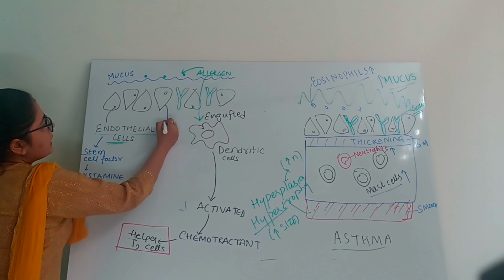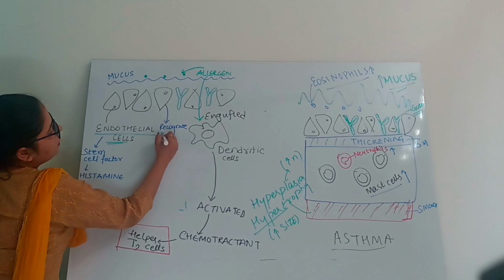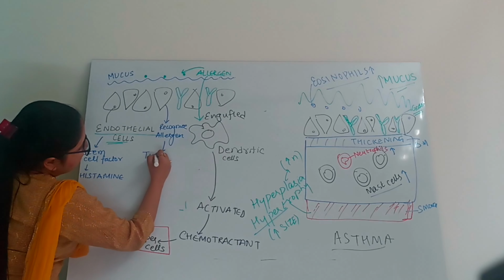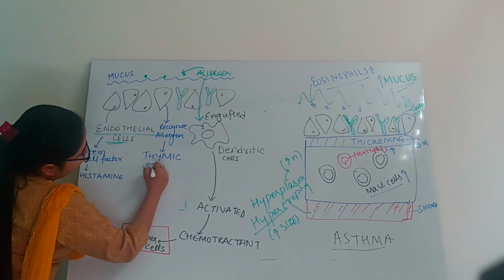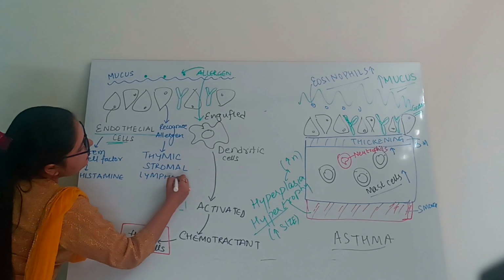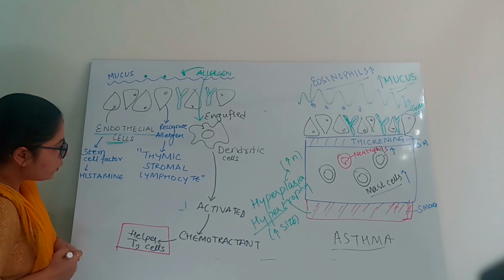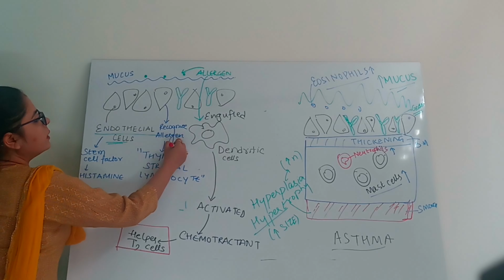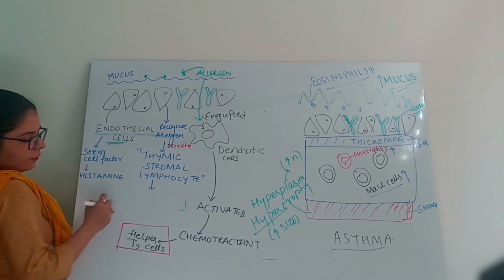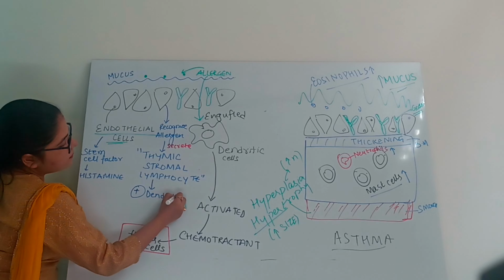Secondly, these cells also recognize the allergen and start to secrete thymic stromal lymphopoietin, and this further activates the dendritic cells.